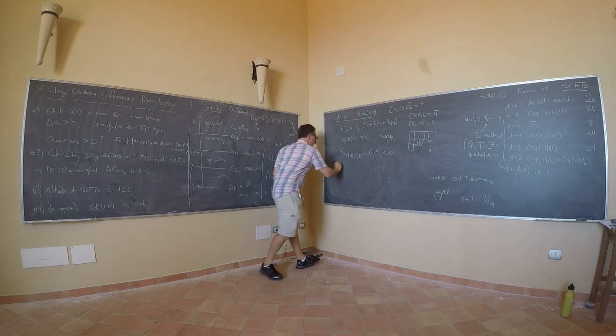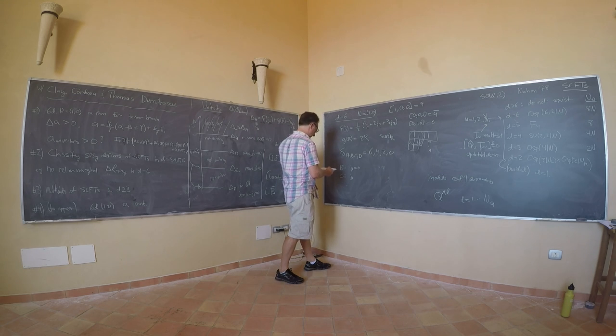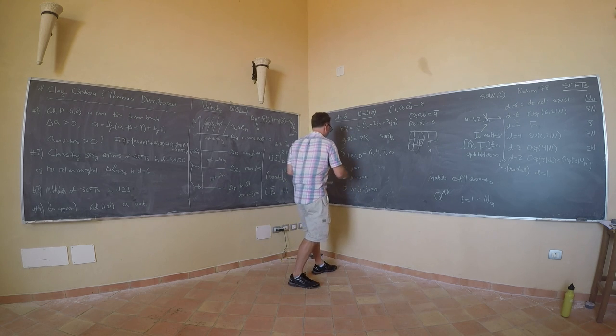And the B multiplets have J1 equals 0. The C multiplets have just J3 equals 1.